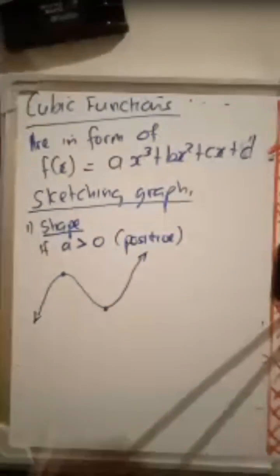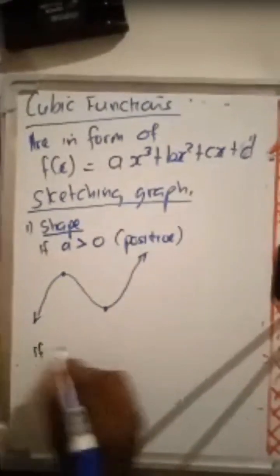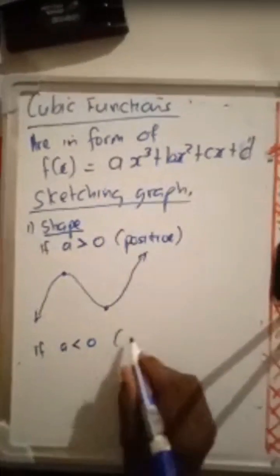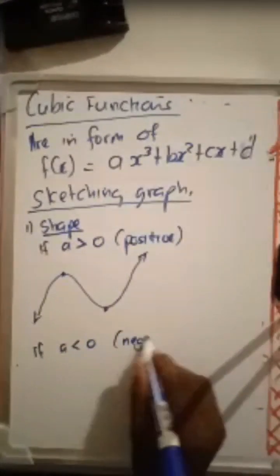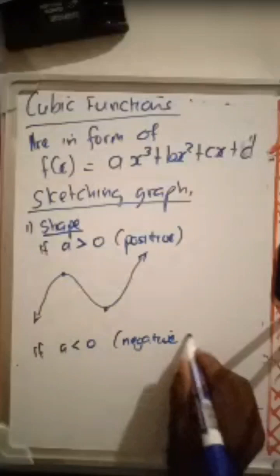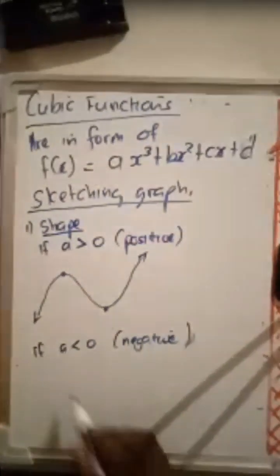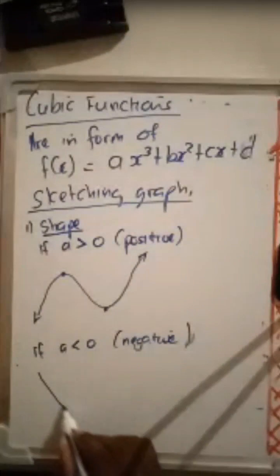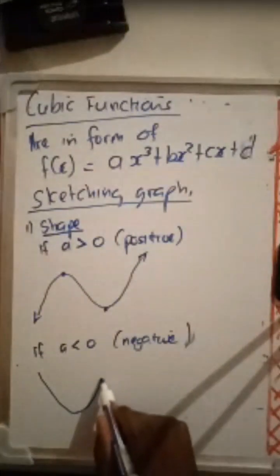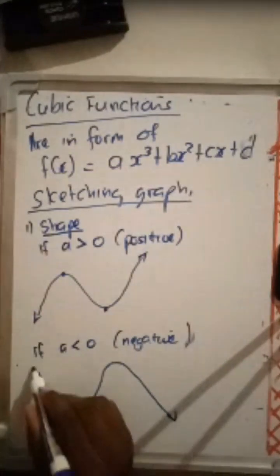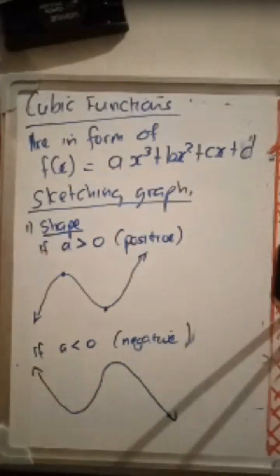And also, if a is less than 0, meaning we are having negative a, then our graph starts as a decreasing function, goes to another point, and ends as a decreasing function.